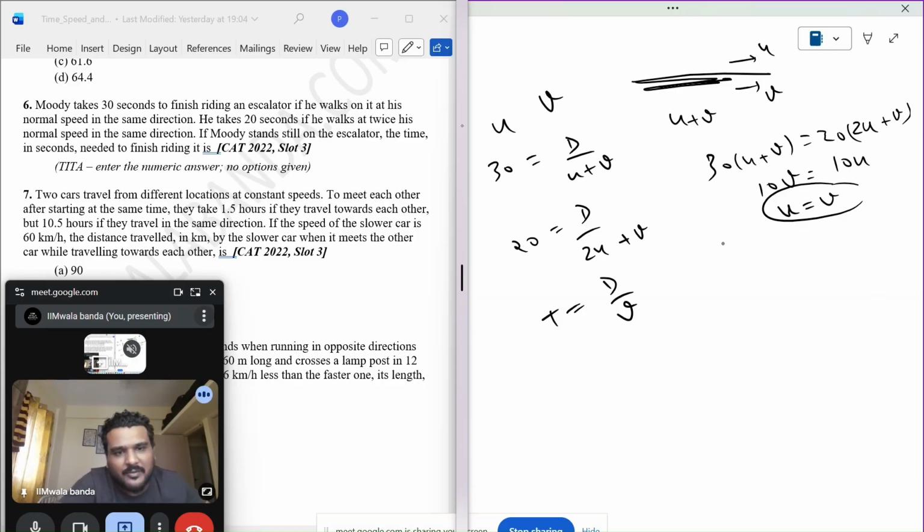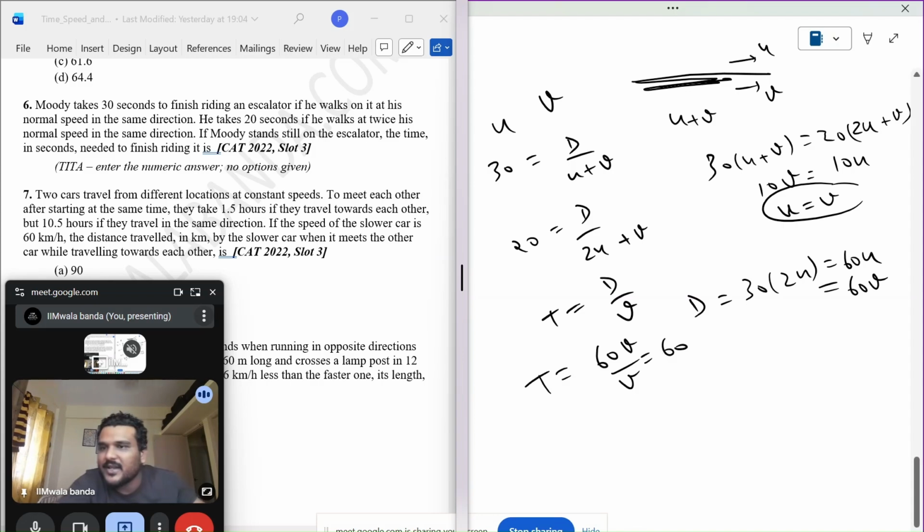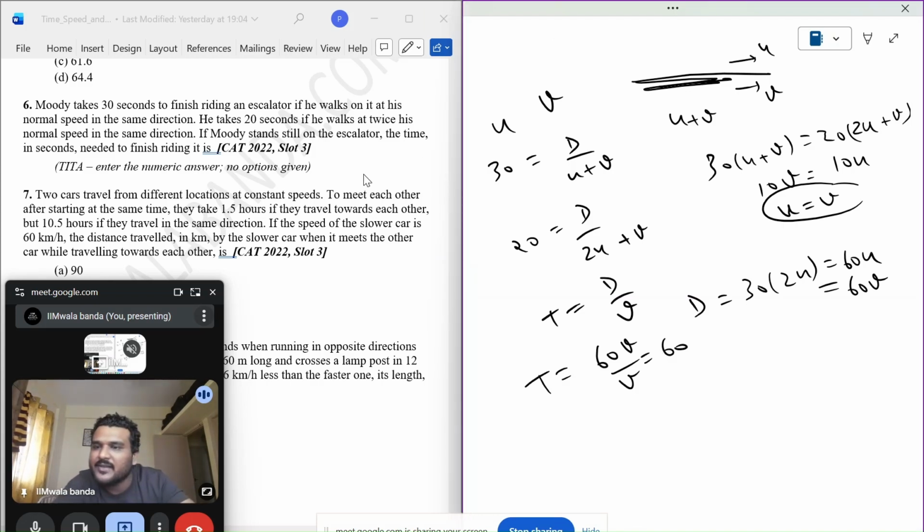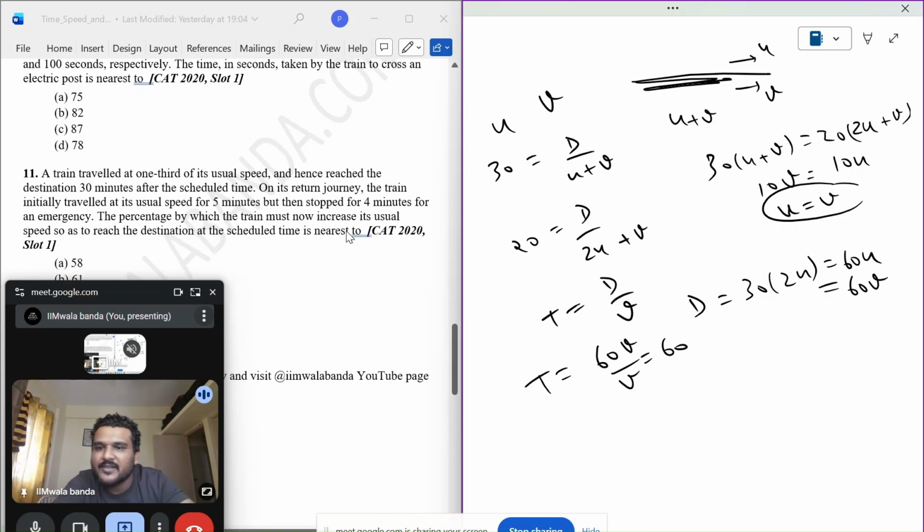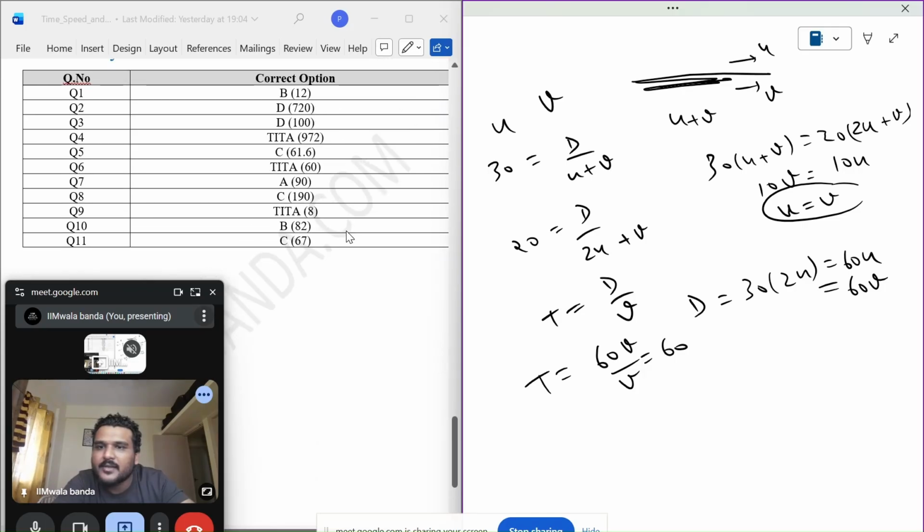So this is one information. Now let's find out D from the first: 30 into 2U, or 60U, or 60V, and now put it here. So 60V upon V or 60. So basically it will take 60 what? Seconds, because everything is in seconds. Sixth, yeah.